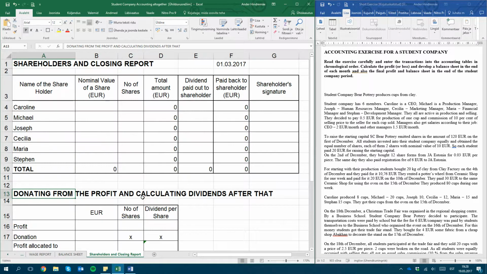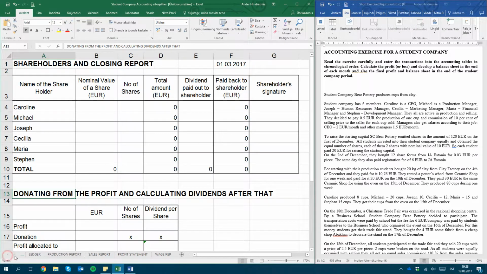And finally, we have the shareholders and closing report. Here all the shares are recorded, and later when you close your company, you will calculate the dividend payments for the shareholders. So let's get cracking.